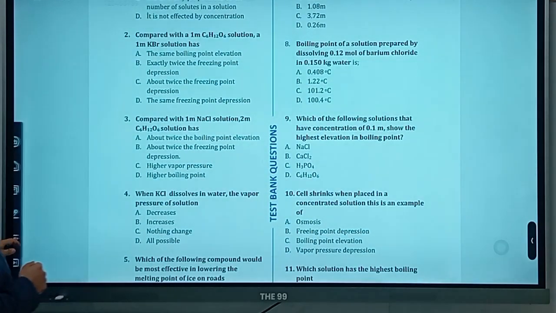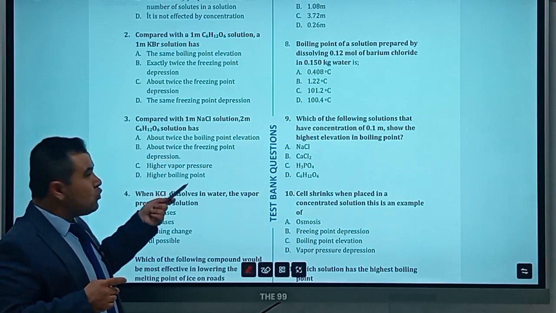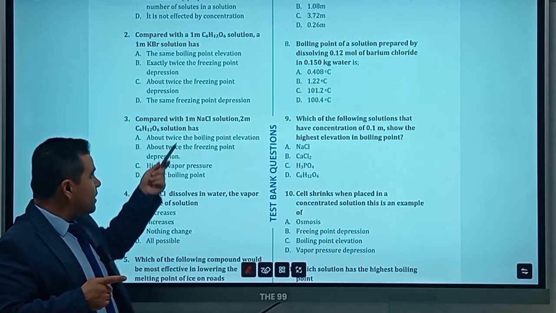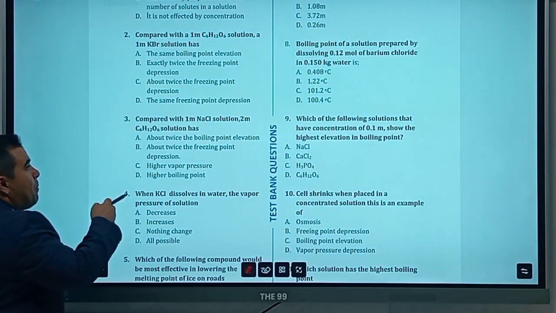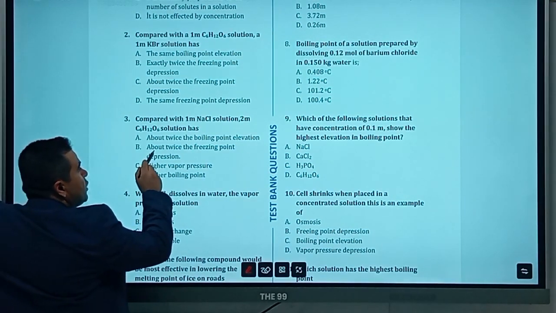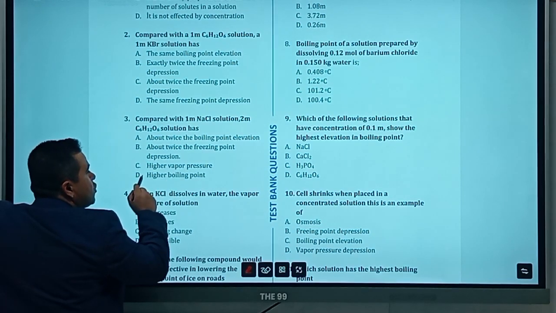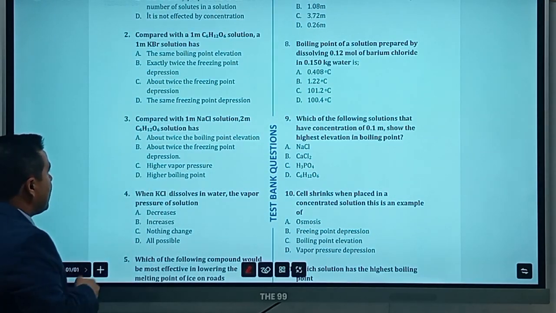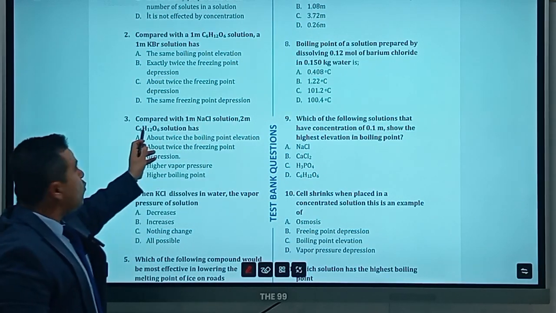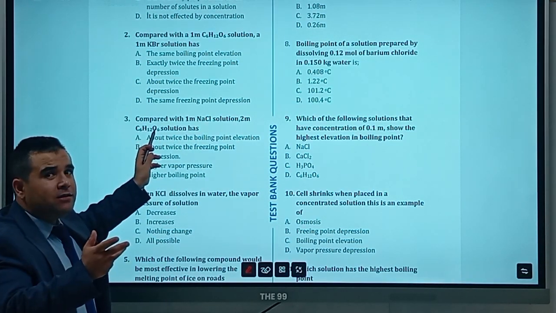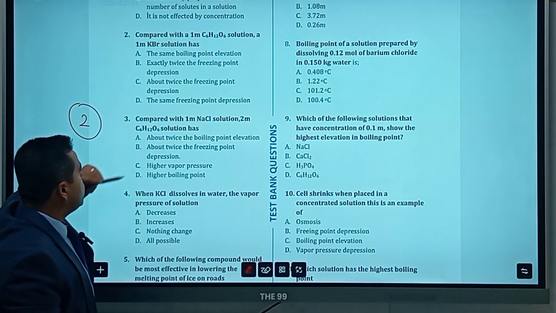Compare it with 1 molar NaCl, the same question, with 2 molar sugar. The options are the properties of that solution: about twice the boiling point elevation, about twice the freezing point depression, higher vapor pressure, higher boiling point. Guys, for 2 molar sugar, multiplied by 1, you get an expected value of 2.